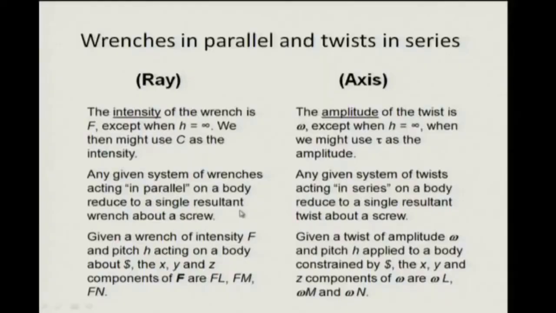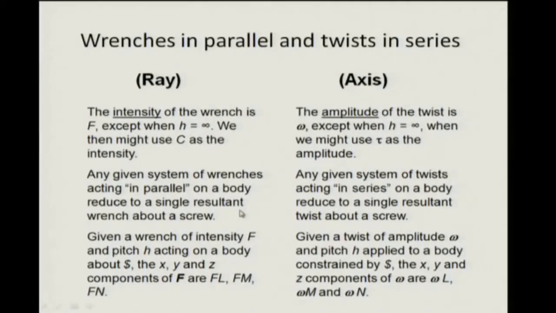The corresponding axis representation is that if you have a system of twists acting in series, like the manipulator you looked at, with one joint and then another, a series of motions acting one upon the other, then you can reduce the end effector motion to a single twist about a screw.